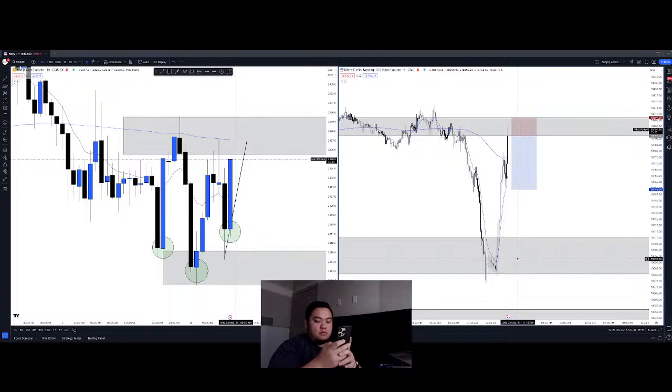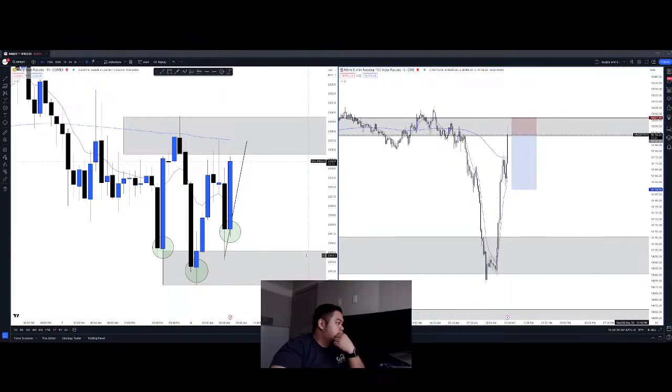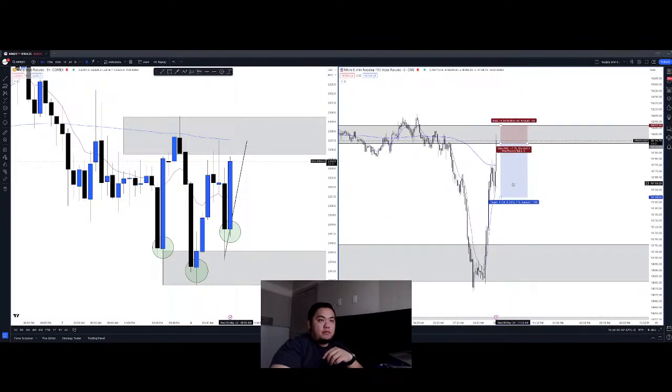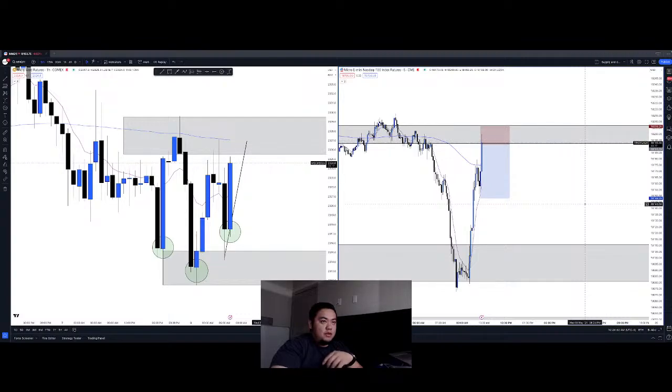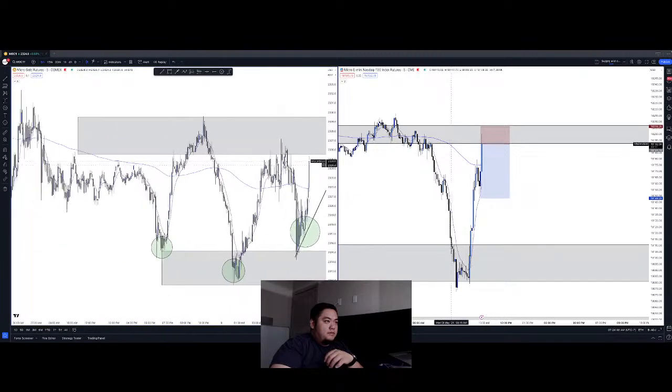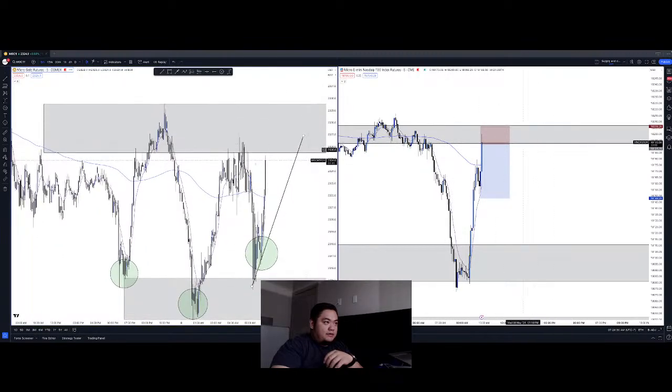There's the big candle. What a move on NQ. And gold is definitely running too. About to hit that final supply.